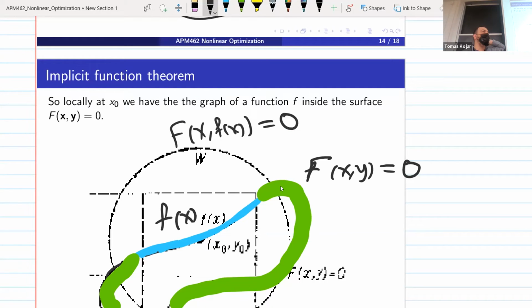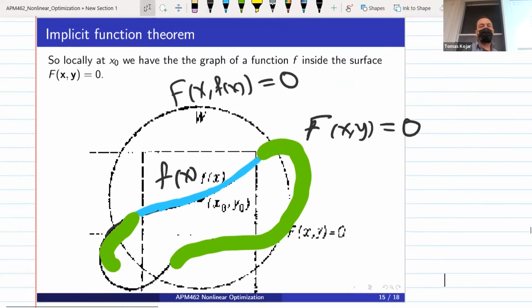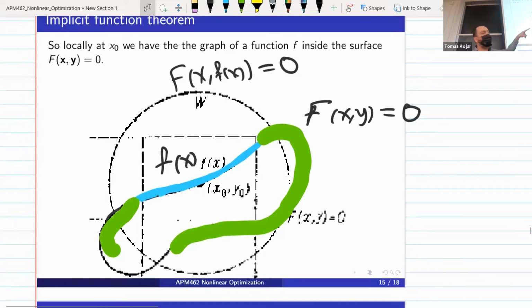Is that okay? So that's pretty cool because now you went from a 2D problem to a 1D problem. You had two variables, now you only have one.